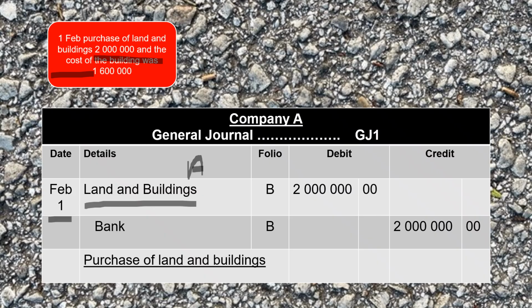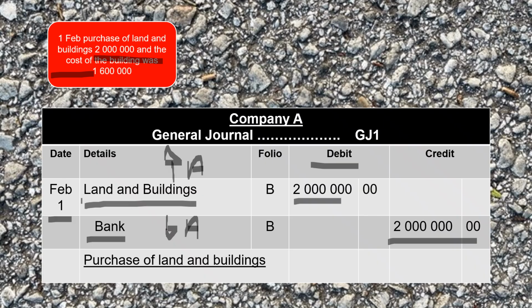The land and buildings in our books has increased in value. An increase in assets, the rule says the account must get debited. So under the debit column, you have 2 million. This land and buildings was bought using cash. Our bank balance has decreased. Bank is an asset. Decrease in assets, the rule says credit.